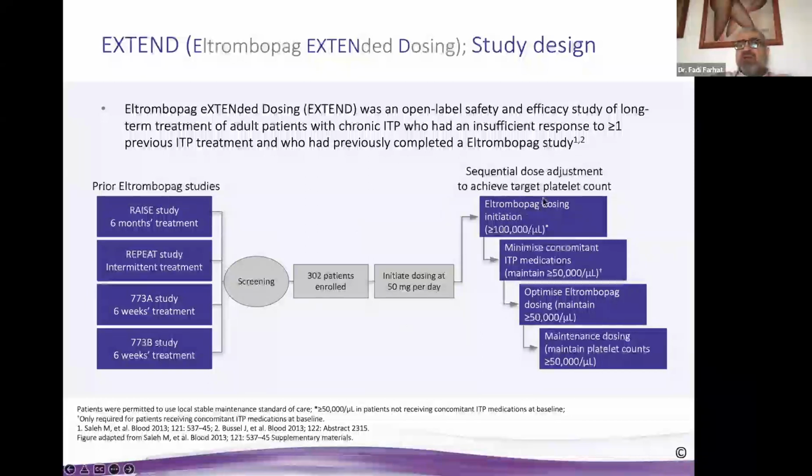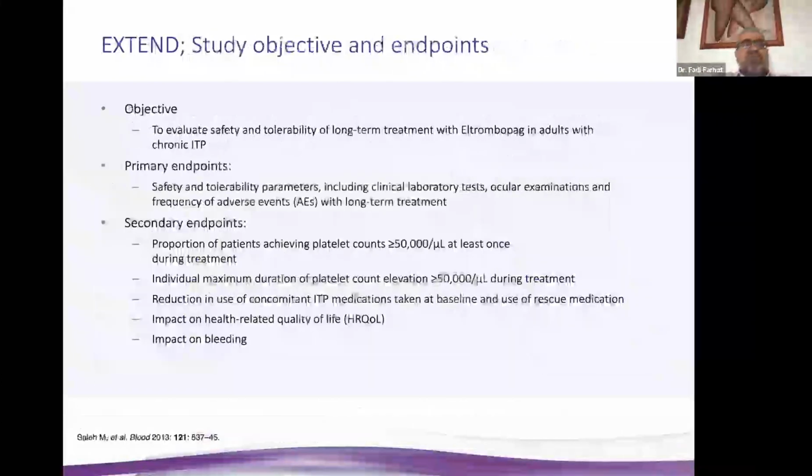So L-Thrombobag dosing initiation was to reach more than 100, minimize concomitant medication while keeping the platelets at 50, and also to optimize the dose of L-Thrombobag. Is it possible to reduce it and maintain the dose while keeping a platelet count of 50,000?